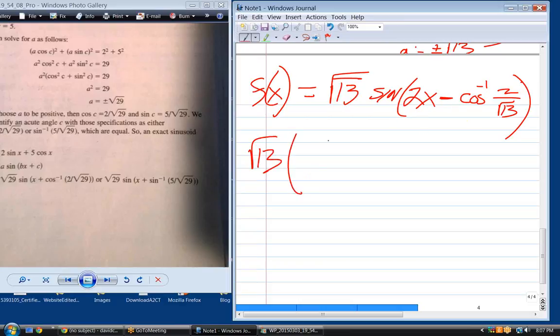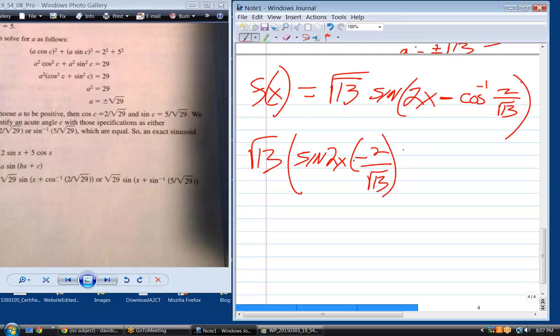Now I'm going to put this in terms of sine of 2x times the cosine of that, which is 2. In other words, the cosine of the inverse cosine is just this number. So that becomes a minus 2 over root 13.